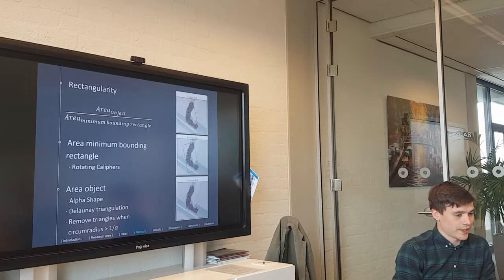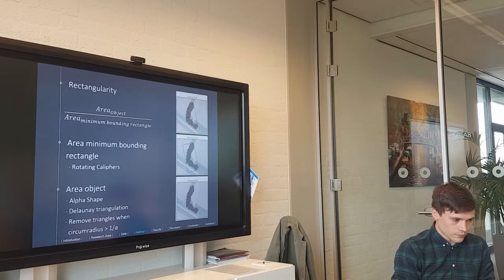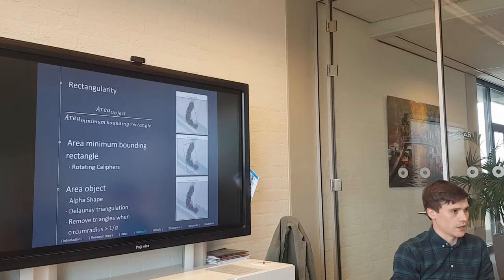And then you need to find the area of the object, and I did that by computing a concave hull, specifically an alpha shape. And you get an alpha shape by doing a triangulation of the points and then removing the bigger triangles.